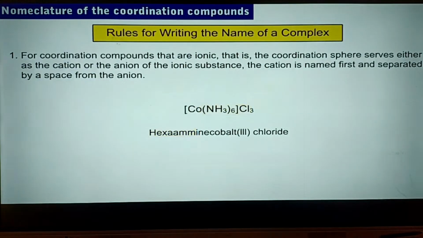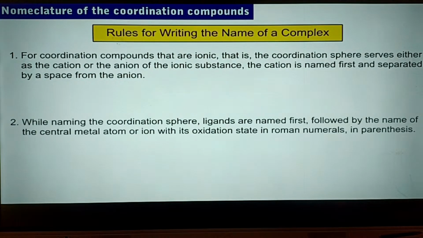On the other hand, in a complex such as [Co(NH3)6]Cl3, where the coordination sphere is a cation, the cationic coordination sphere is named first, followed by the name of the counter anion, chloride. The second rule is, while naming the coordination sphere, ligands are named first, followed by the name of the central metal atom or ion, with its oxidation state in Roman numerals in parentheses.